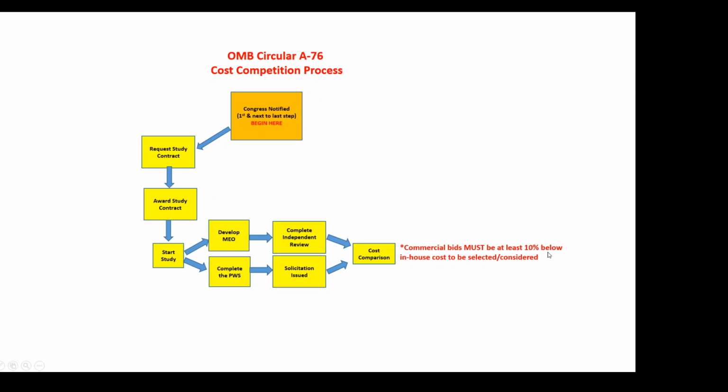You see my note here. When it comes to the government doing it in the MEO structure or a contractor, the commercial bids, that is your contractor, must be at least 10% below the in-house to be selected or even considered. So if it's more expensive, and again, this is in a perfect world, because depending on the mission at the time, this may not even be considered.